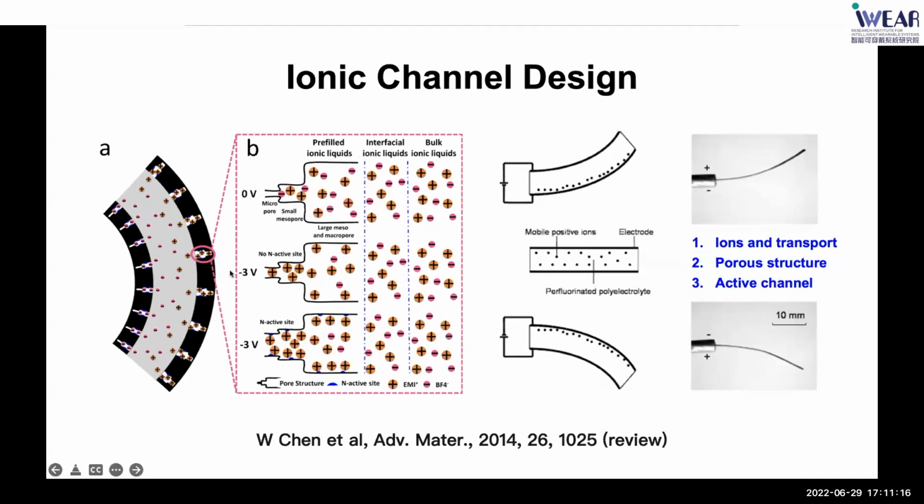As shown in this figure, if the pore size is too big, it is also quite difficult to generate deformation. And if the channel has a very large active size, it can attract many more ions to be absorbed, generating much higher deformations. So this is our basic idea to address the disadvantages.